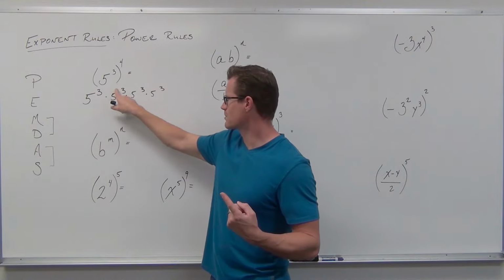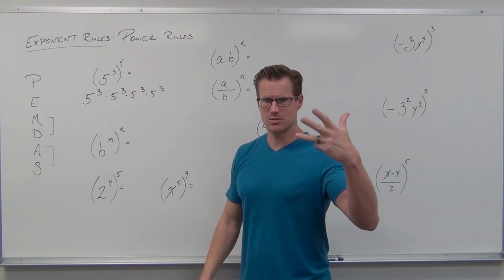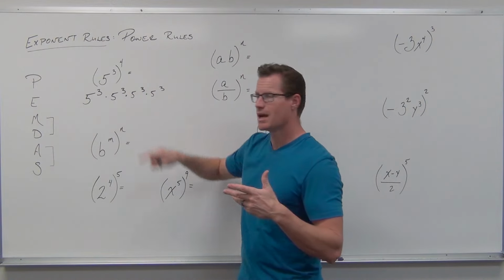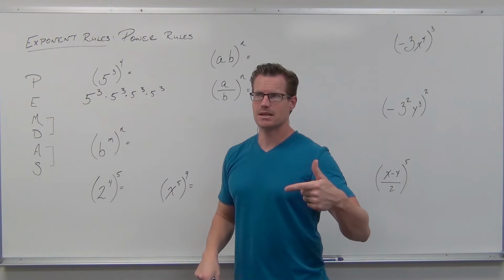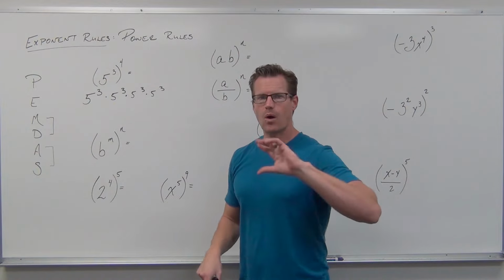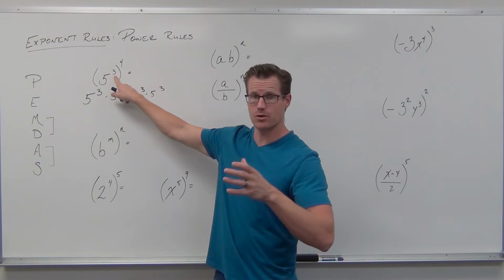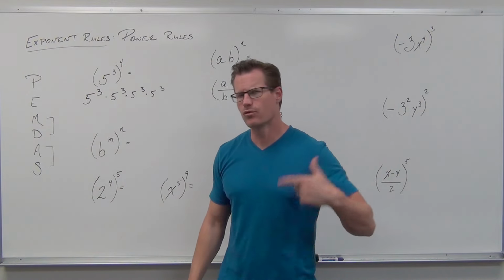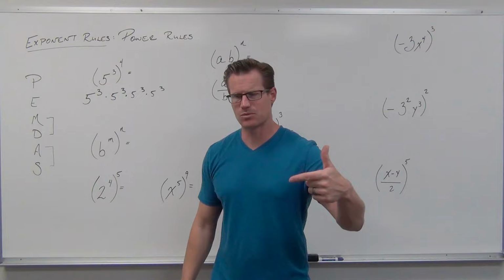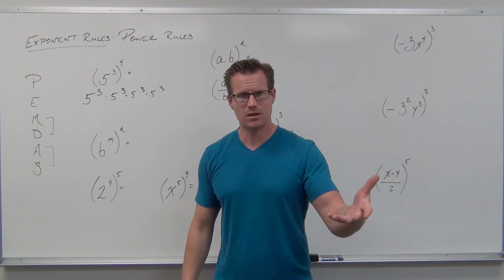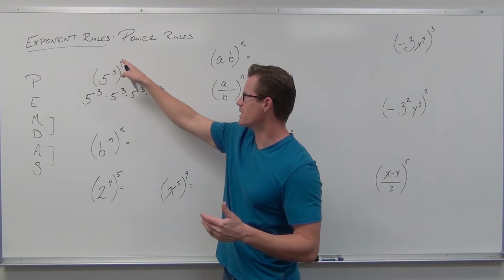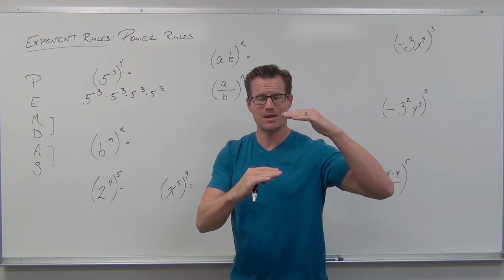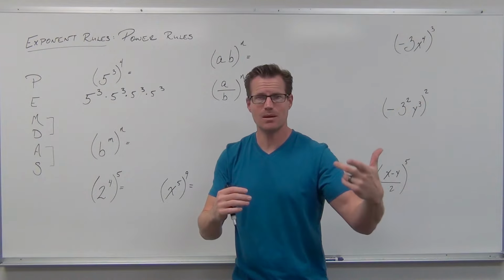So if I have 3 plus 3 plus 3 plus 3, that's adding 3 4 times. That's 12. Well, wait a minute. If I'm always going to be getting back 5 to the third over and over again, won't I just be adding the same number over and over again? That's repeated addition. That's multiplication. So when we see exponents being raised to exponents, we're going to do multiplication because we'd be repeatedly adding the same number.